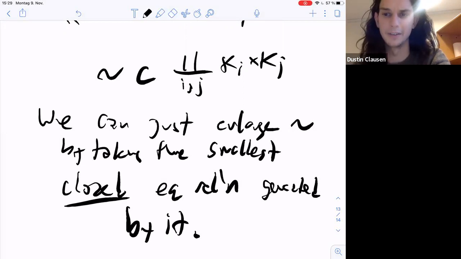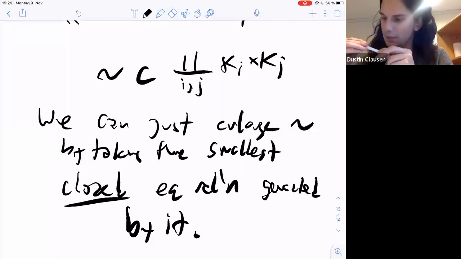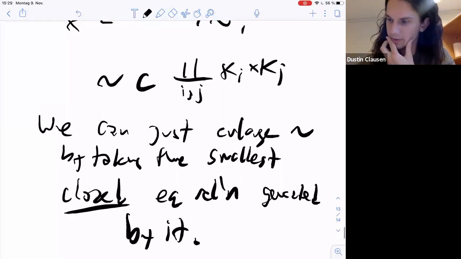Yeah, I think I'm saying this right. Take the smallest closed equivalence relation generated by it.